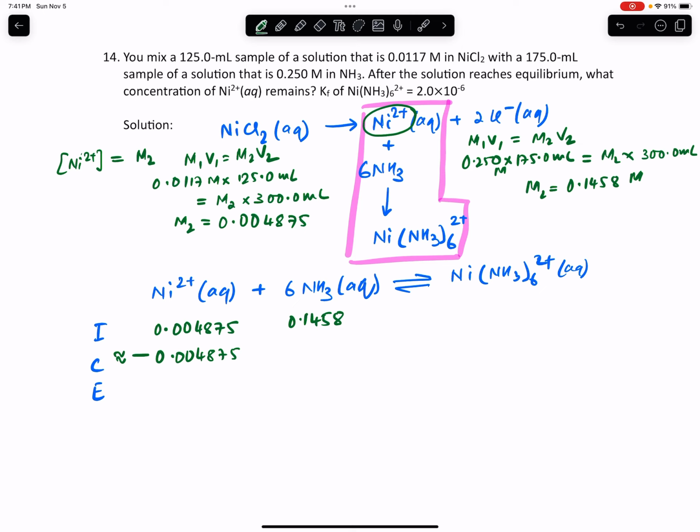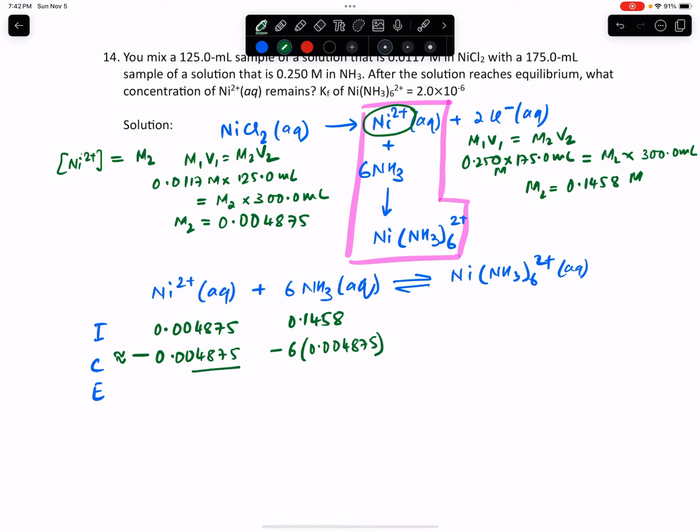Consequently, just looking at the stoichiometry, it should be 6 times this amount that reacts for the ammonia. So that's negative 6 times 0.004875. The same amount as the nickel is what we get as the product, the complex, so that's 0.004875.